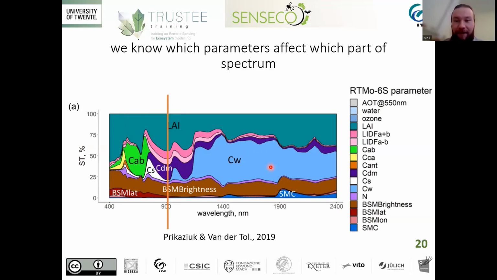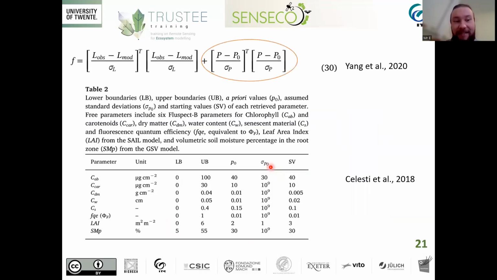All right. The final remark: how can we use prior? Well, in this case, we can extend the cost function that you already saw with a part that minimizes the difference. So we say to the model, okay, you can vary chlorophyll content from 0 to 100, but please stay close to the initial value. We know that we measured in the field in this area, the value should be 40.